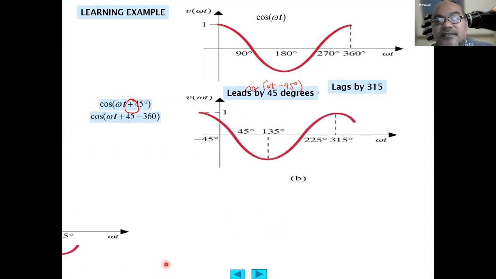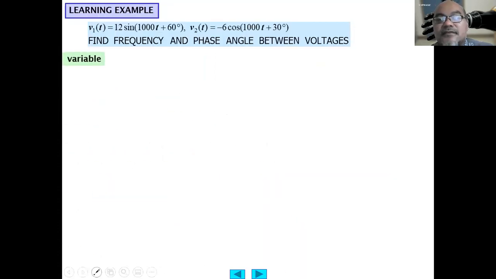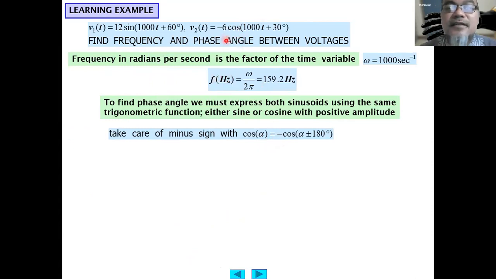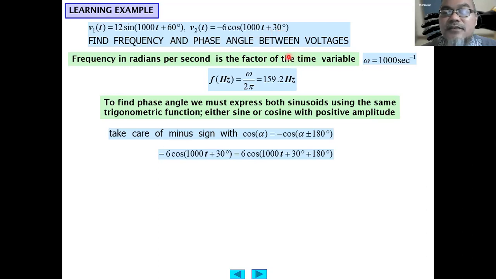Using those identities, then we can express the equation here, cosine alpha equals negative cosine alpha plus minus 180 degrees. So we can convert this into 6 cosine by adding plus minus 180 degrees. So minus 6 cosine(1000t plus 30 degrees) equals 6 cosine(1000t plus 30 degrees plus 180 degrees).